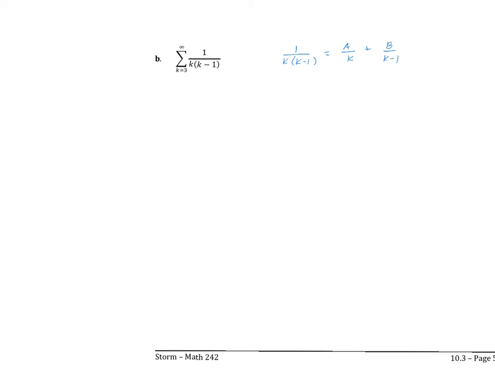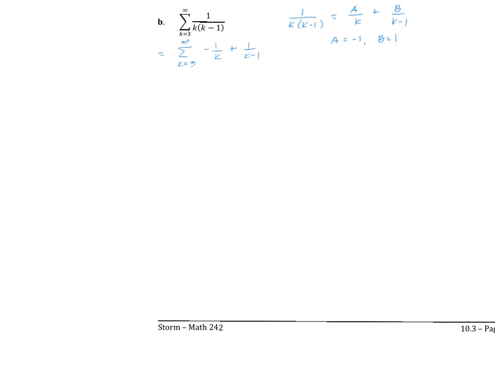Solving, I get a equal to negative 1 and b equal to 1. So this is equal to the sum, k equal to 3 to infinity, of negative 1 over k plus 1 over k minus 1. I do get a subtraction.